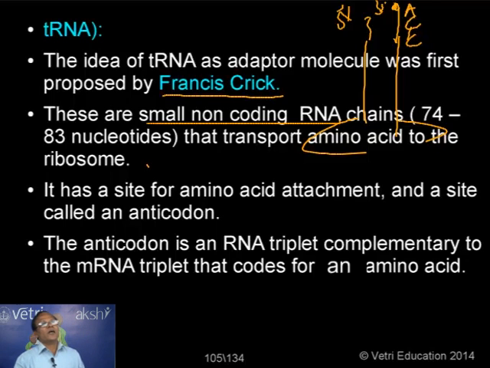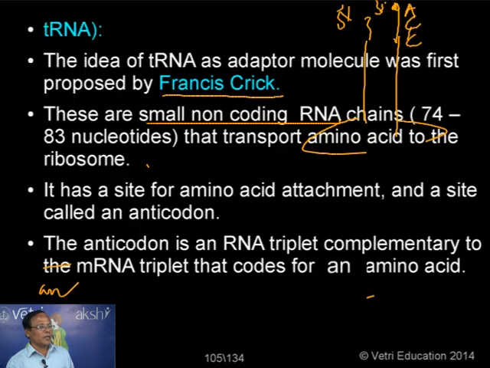Now, what do we mean by anticodon? The anticodon of tRNA is a triplet of bases which are complementary to the triplet bases of the codon of mRNA, and that codon normally specifies an amino acid.